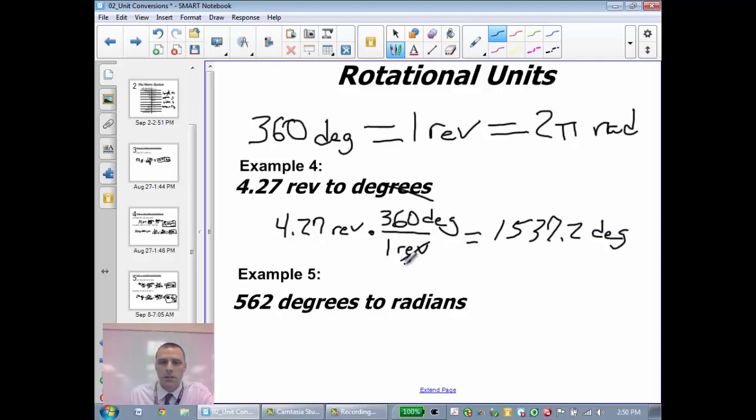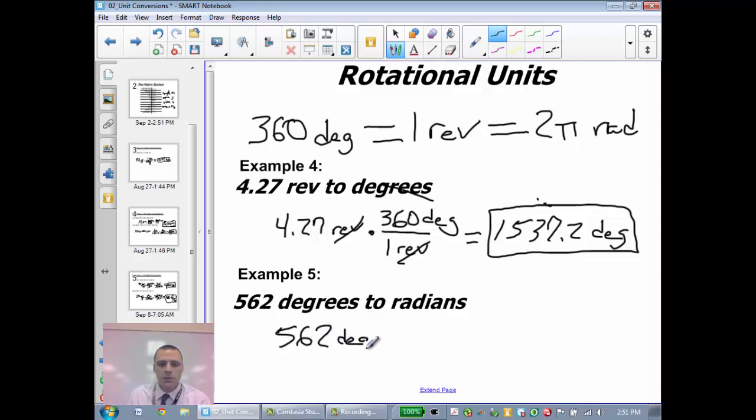As you can see, the units of revolutions cancels. And I'll box my answer as best I can to make sure that my answer stands out a little bit. Hit the pause button and see if you can do example 5 on your own as a little bit of practice.